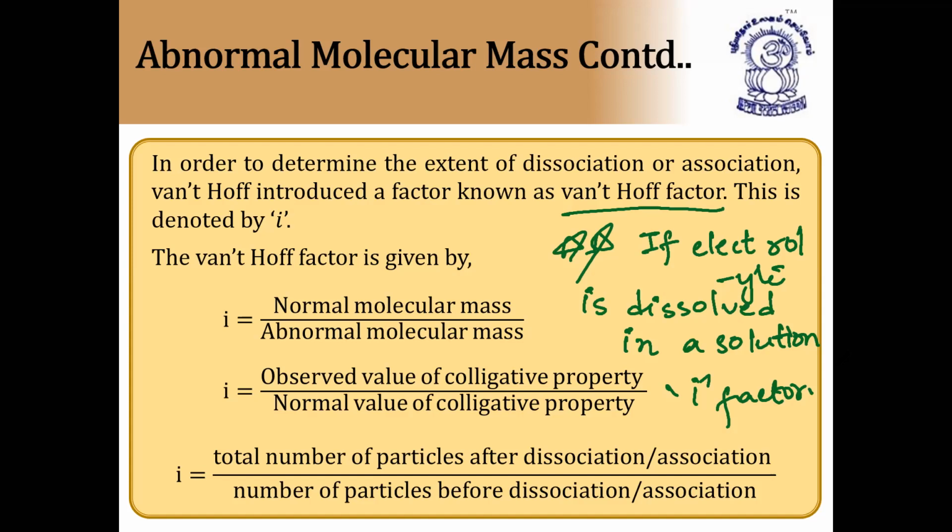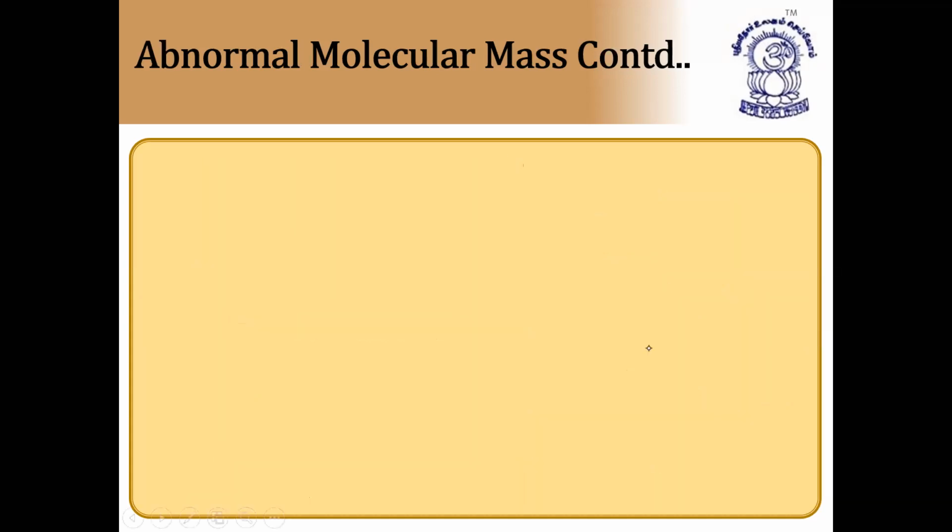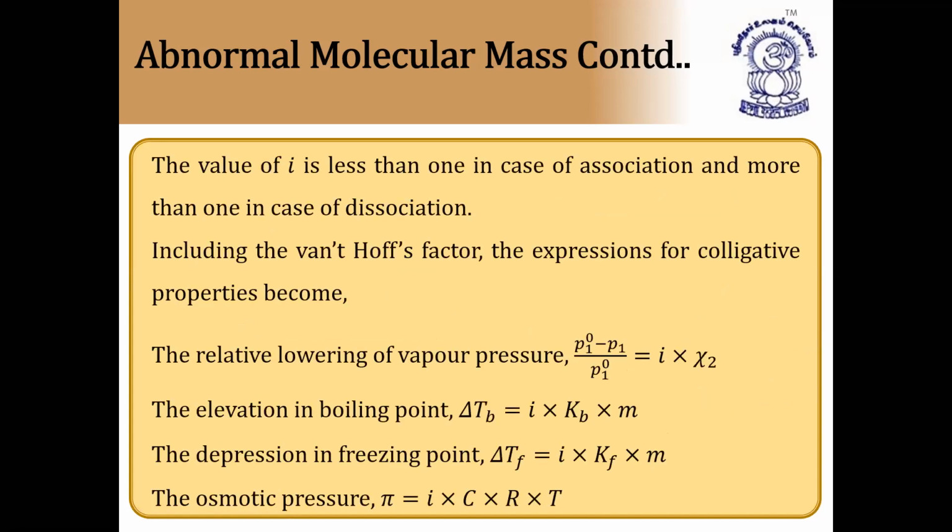Let us see how this will work out. The value of i is less than 1 in case of association. Underline this. In case of association, the value of i is less than 1, and more than 1 in case of dissociation.